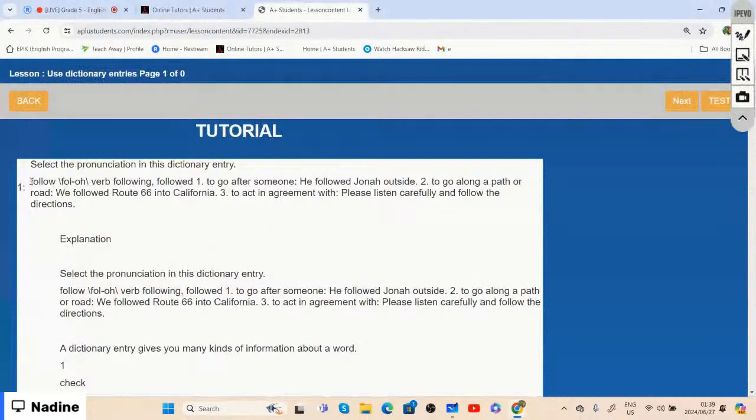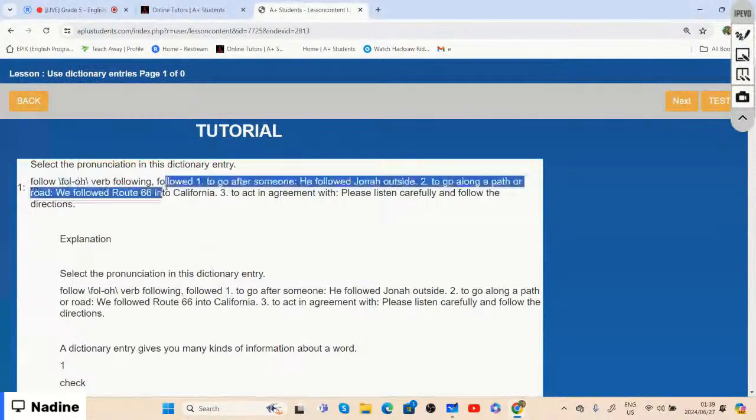Is it follow? Is it the word? Is it the verb, following? What is the pronunciation within that sentence?